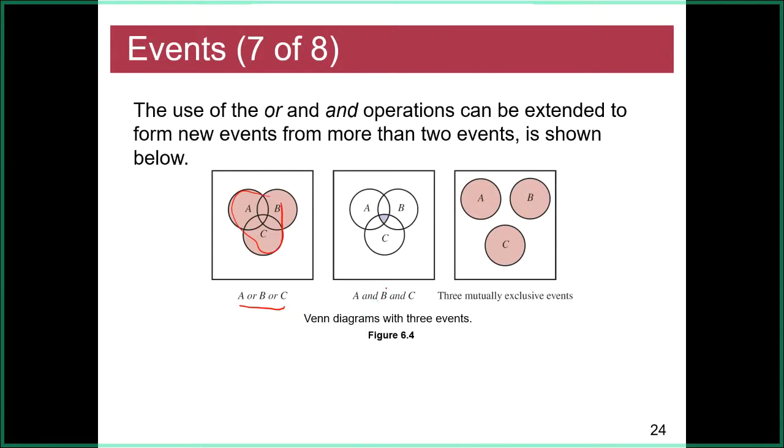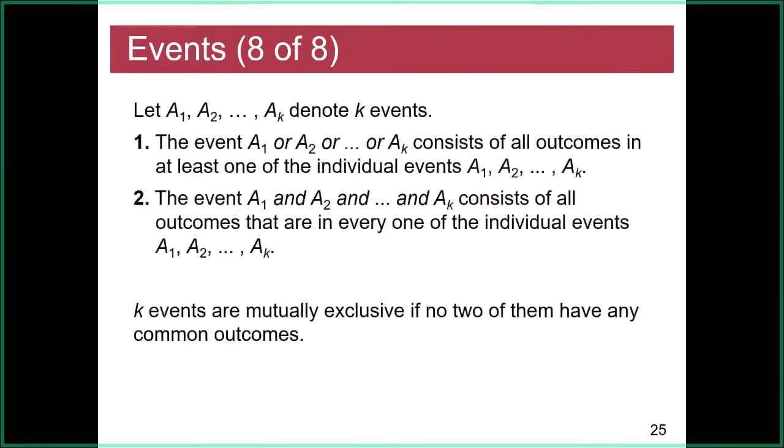A and B and C, again, only where all three of them overlap would be true. And then again, mutually exclusive or disjoint events. So here we have multiple events, not just two or three. Those events are mutually exclusive if no two of them have any outcomes in common. So there's no single outcome that is in more than one of them.